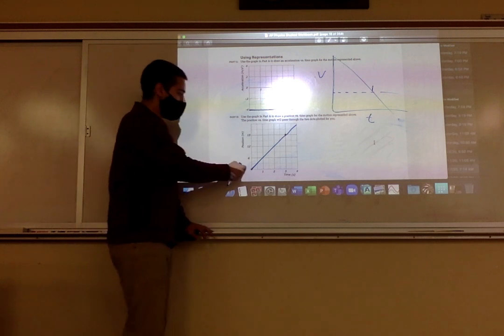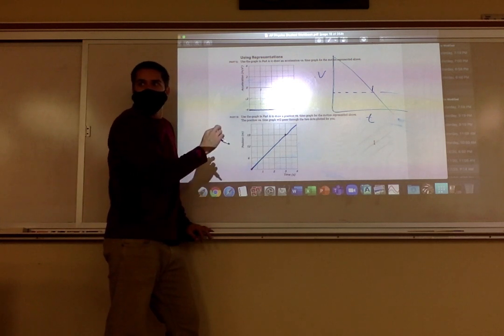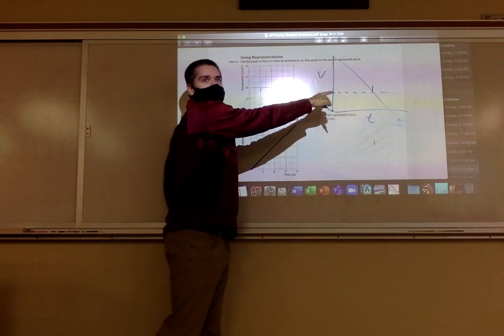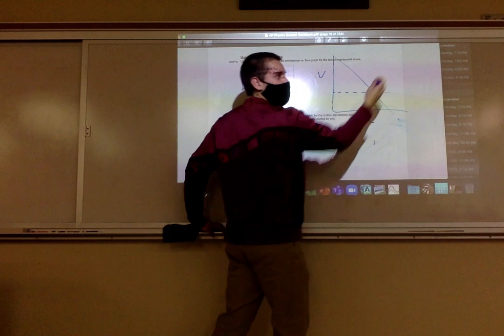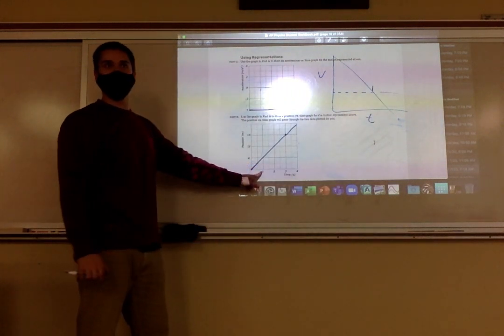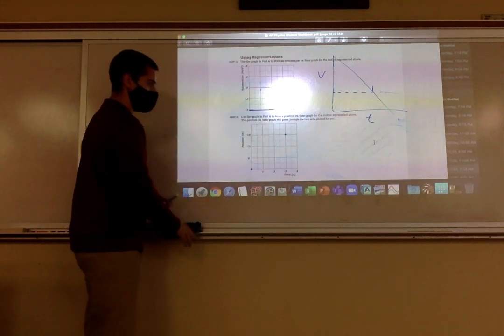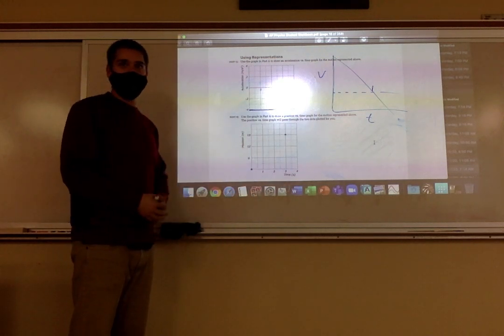Well, if my velocity changes by the same amount, that means it's a constant velocity. Well, I definitely don't have a constant velocity. So I know my object's position time did not look like this. That doesn't work. What else can we draw?